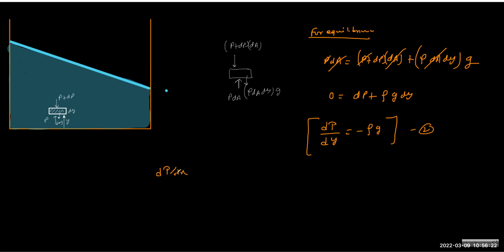If you use these two equations, you can prove that dP by dx upon dP by dy is equal to minus rho a upon minus rho g, and therefore what we get here is dy by dx is plus basically a by g. Understood?